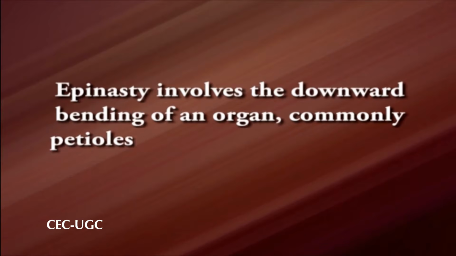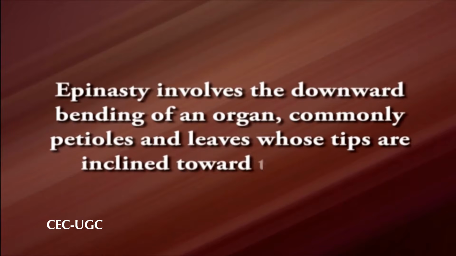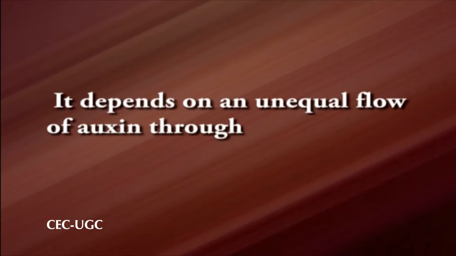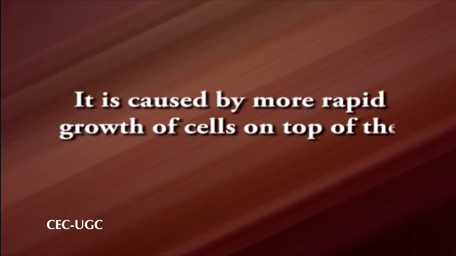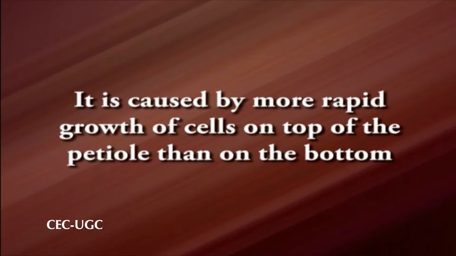Epinasty involves the downward bending of an organ. Commonly we have seen the petioles and leaves, whose tips are inclined towards the ground. It depends on an unequal flow of auxin through the upper and lower sides of the petiole. It is caused by more rapid growth of cells on top of the petiole than on the bottom.